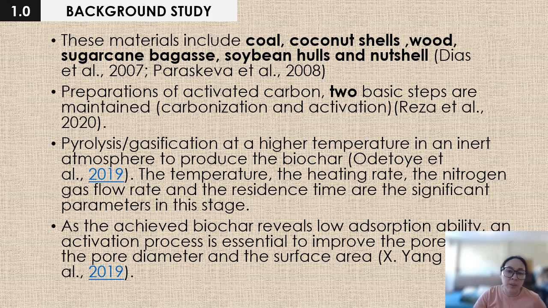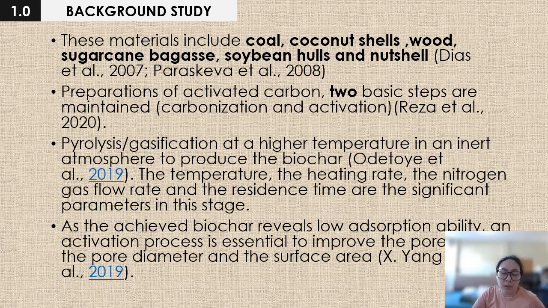In order to prepare this activated carbon, we need two basic steps. The first one is pyrolysis using nitrogen, where you can control the carbonization through temperature, heating rate, and time.